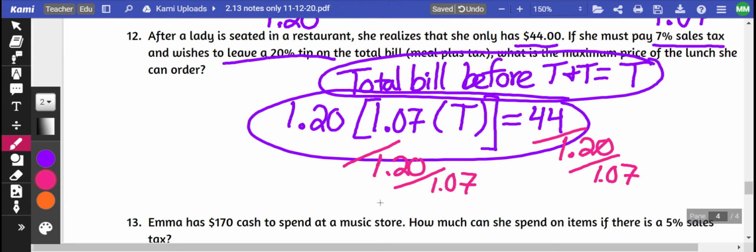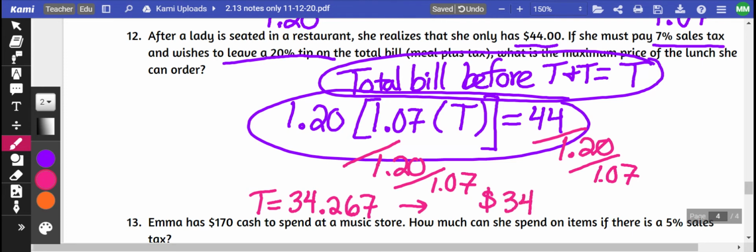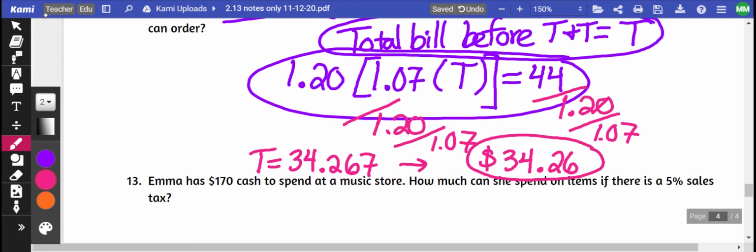So we end up with 34.267. I want to round down though, so let's say it's going to be $34.26. Because we don't want to be short.